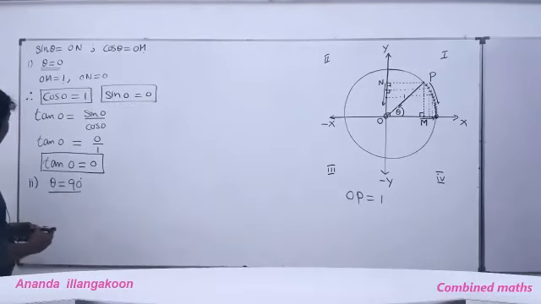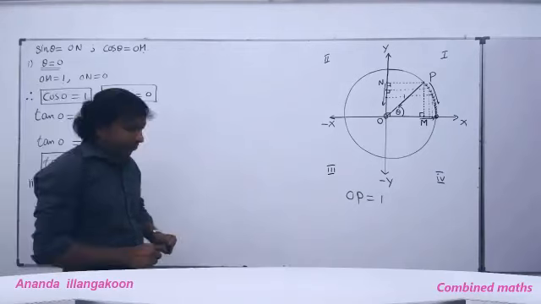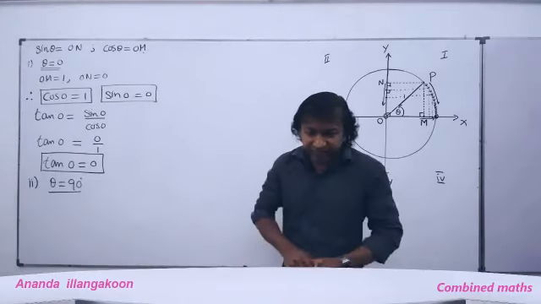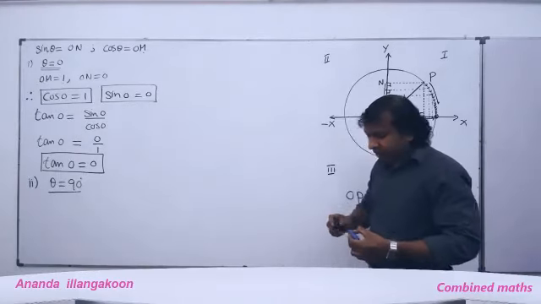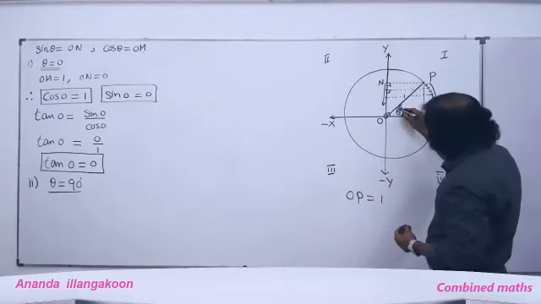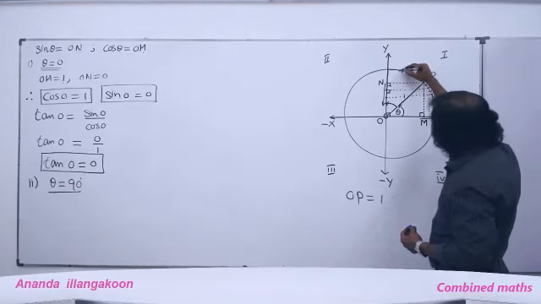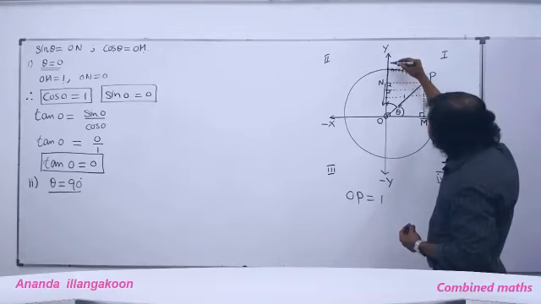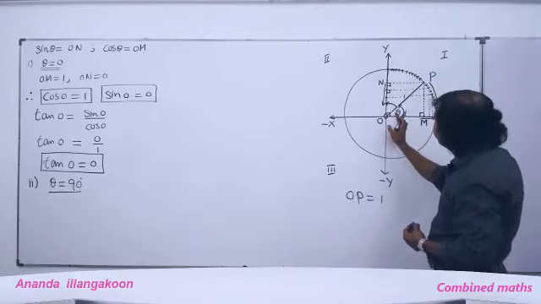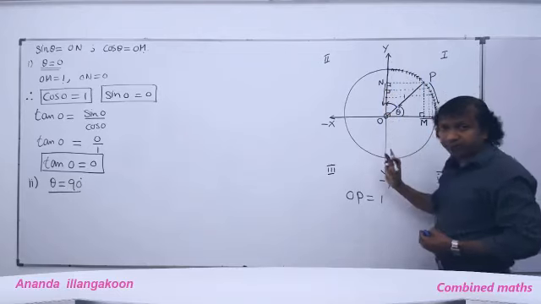Okay. Theta 90. When theta is 90, people, you can very clearly understand this OP should go to the y-axis. While we turn this OP this way, point P comes like this, right? And finally, P will be here. Then only OP is on the y-axis, giving this theta 90.